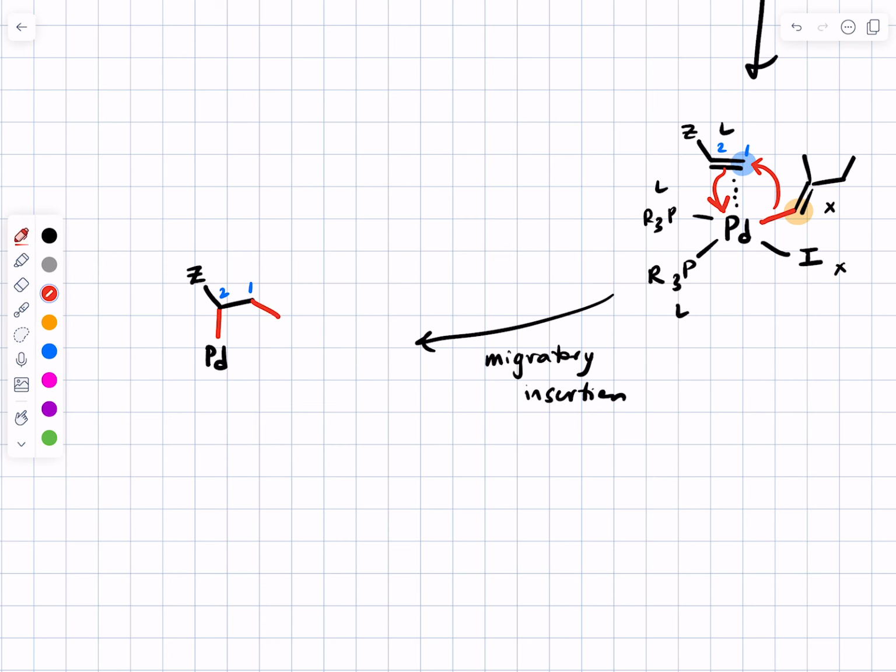And then here is the new bond with the orange vinyl carbon. Again, the stereochemistry about that orange vinyl carbon is going to stay the same, so it's still going to be E here.